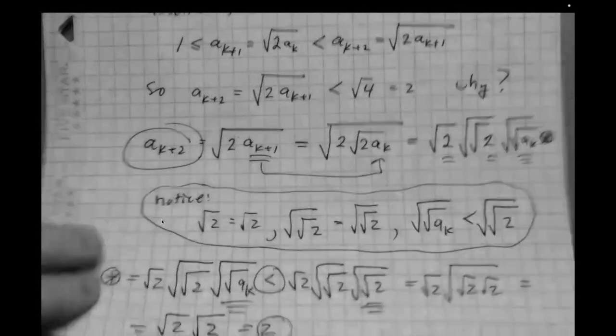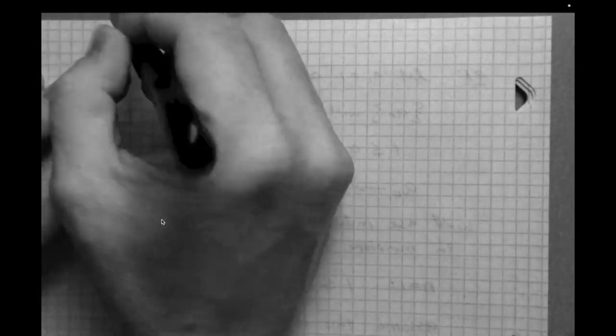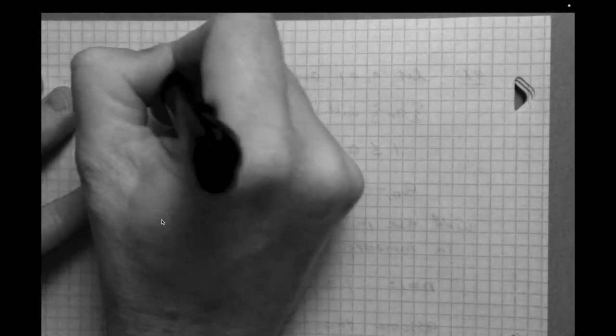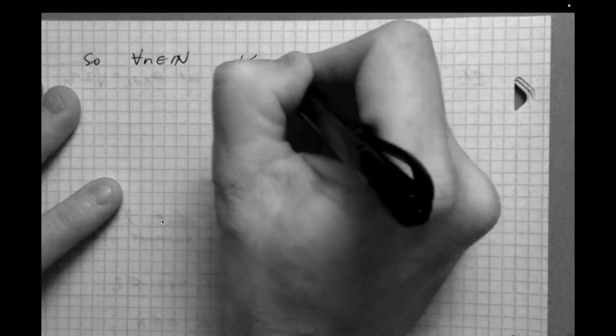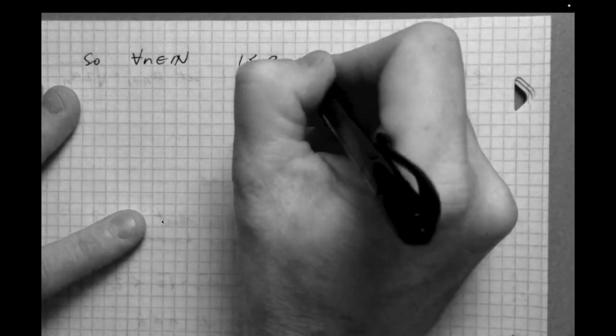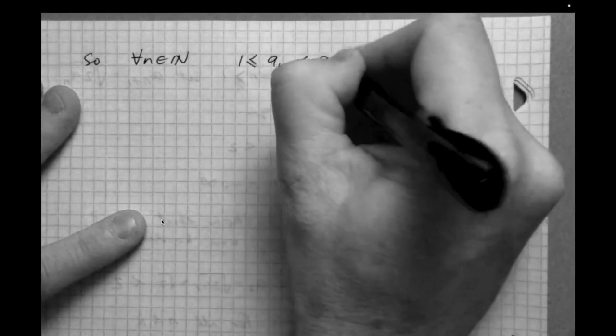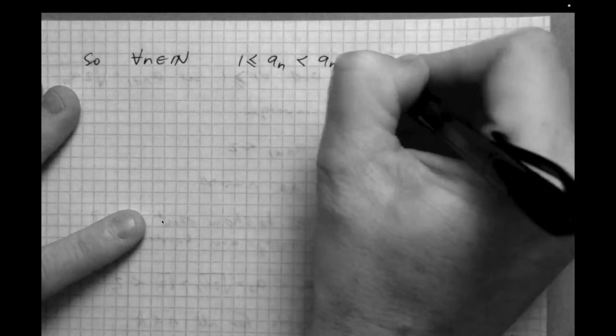And so that's the step. So for all n in N, 1 is less than or equal to a sub n, which is less than a sub n plus 1, which we've just shown is less than 2.